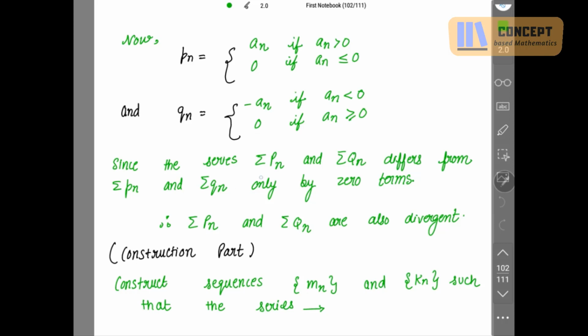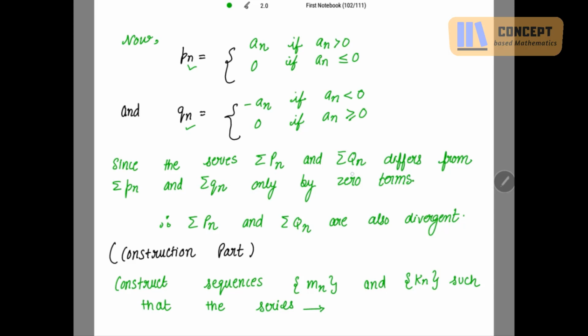Now, since the series summation Pn and summation Qn differ from small pn and small qn only by zero terms, there is no difference. Capital Pn is the summation of the positive terms, and small pn also contains the positive terms.